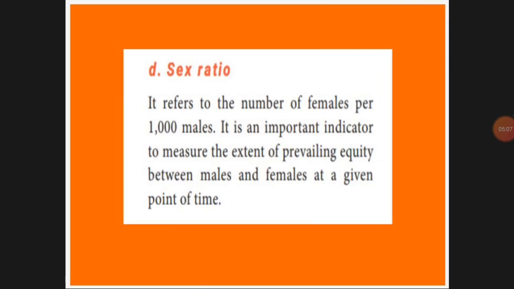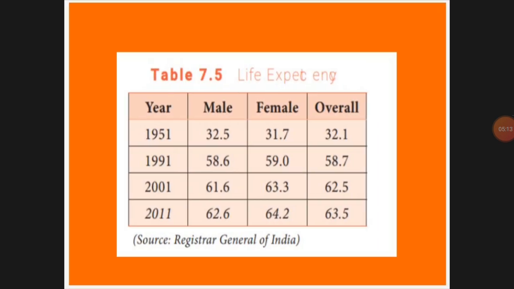Next, we'll go for life expectancy at birth. Life expectancy is low when the death rate is high, or early death rate may be high. Here you can see the tabular column. In 1951, male and female are categorized 32.5 and 31.7, overall 32.1. And in 2011, we have how long a person can live, how many years this person can live.